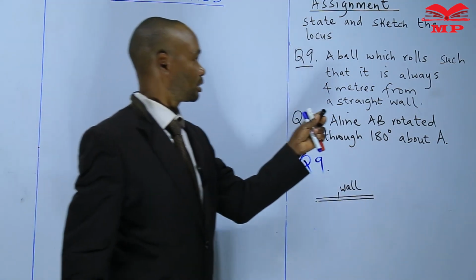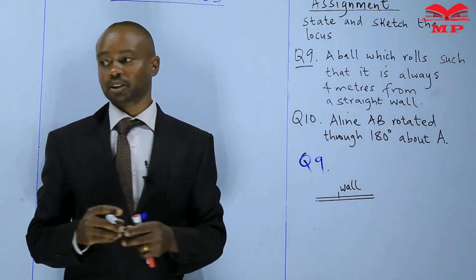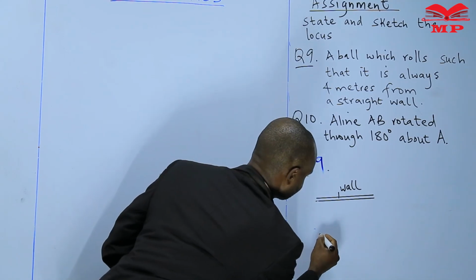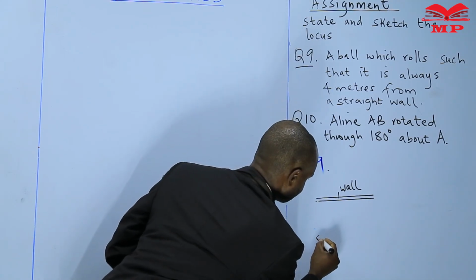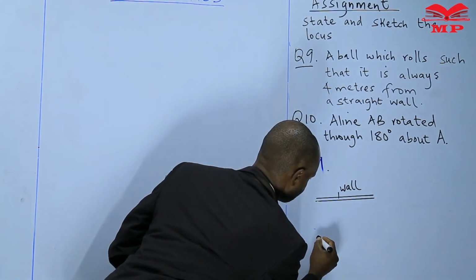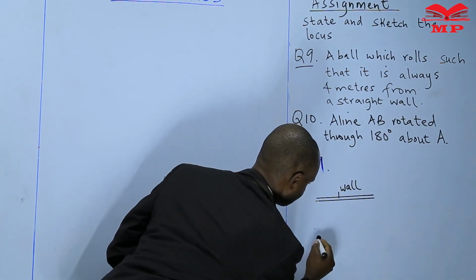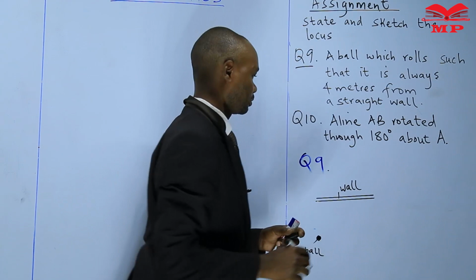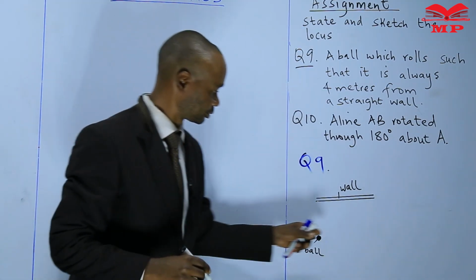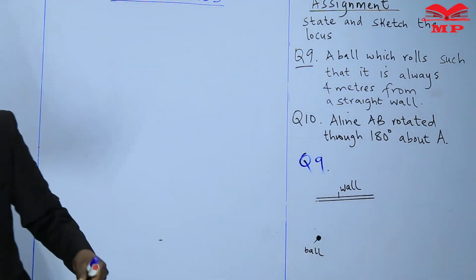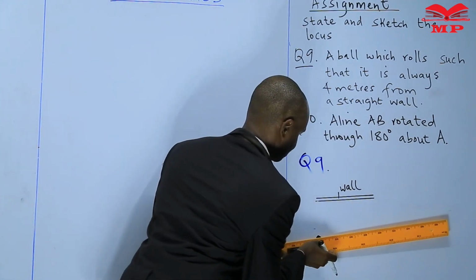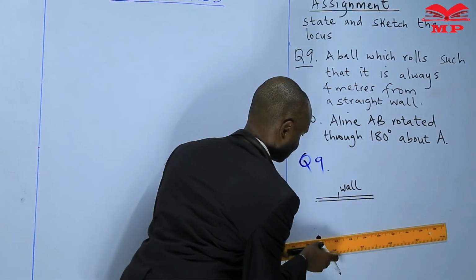In the next step, I should look at the trajectory of the ball. That is my ball, and it has to roll.